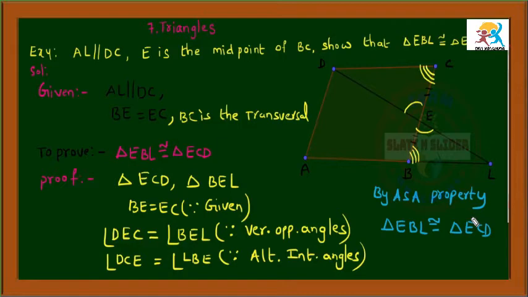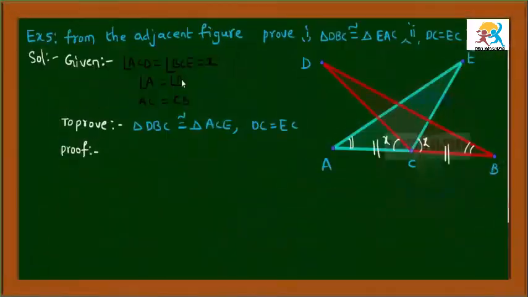And we will go through one more example, that is example 5. Observe the adjacent figure. In this figure, it is given that angle EAC, this angle, is treated as angle A, is equal to angle CBD, that is nothing but angle B. These two are equal.